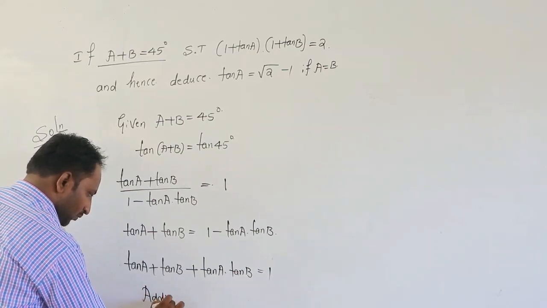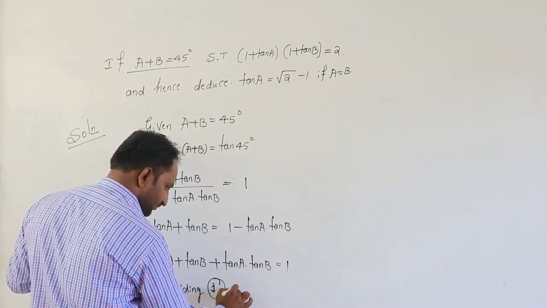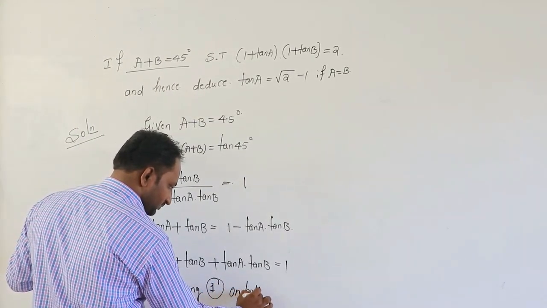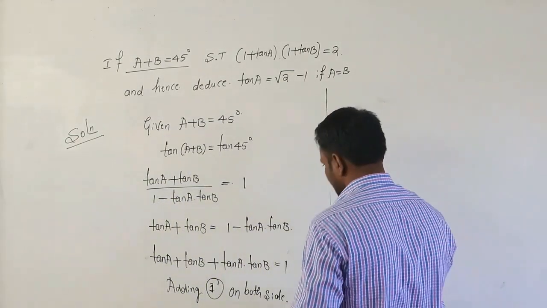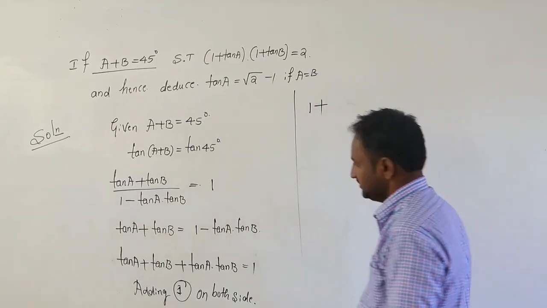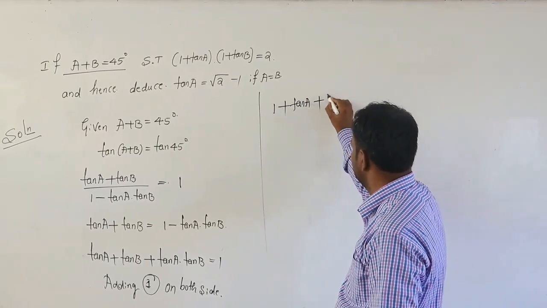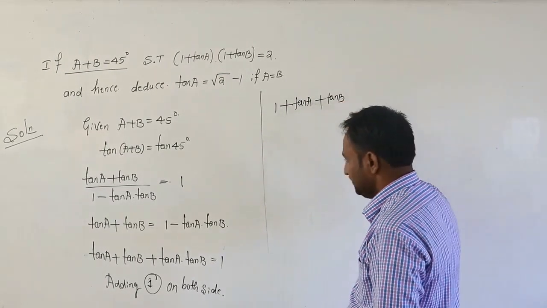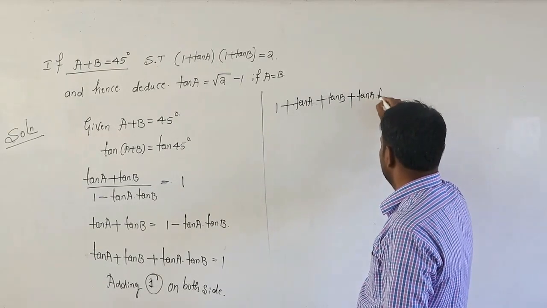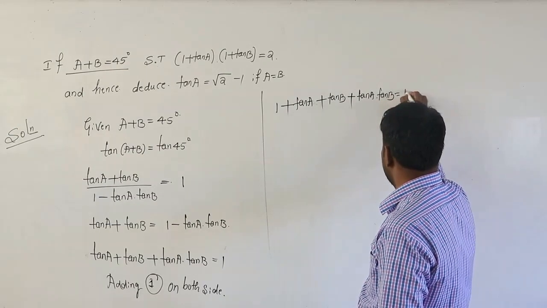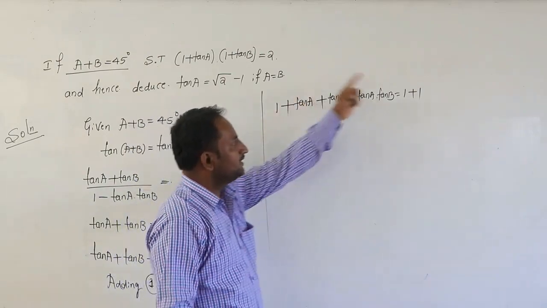Adding 1 on both sides, we get 1 plus tan A plus tan B plus tan A into tan B. On the right-hand side also we add 1, so here also 1, here also 1.